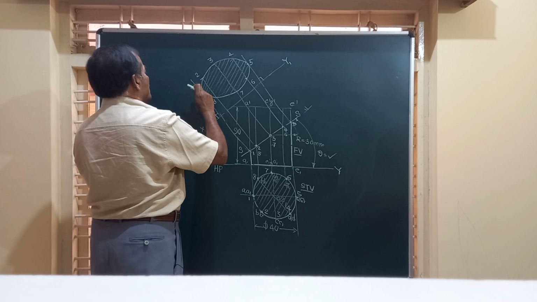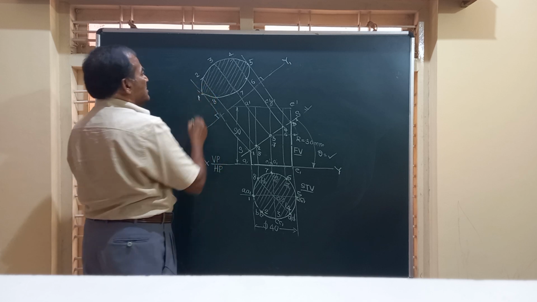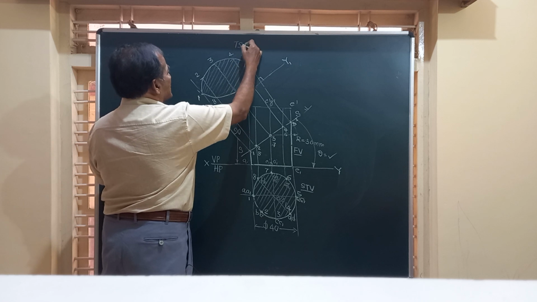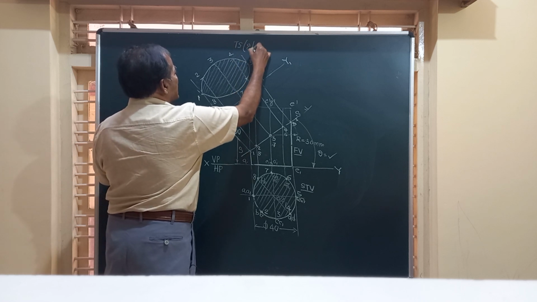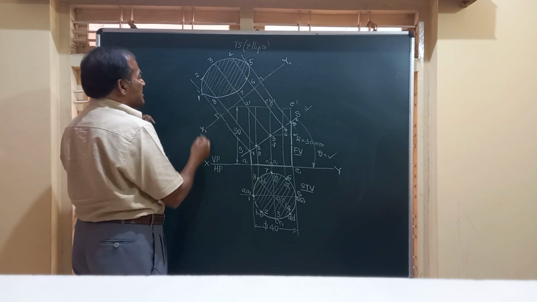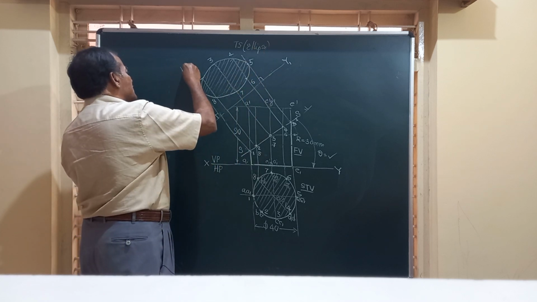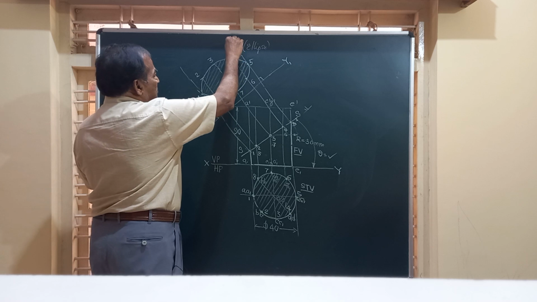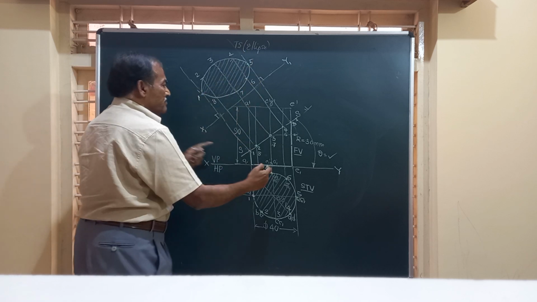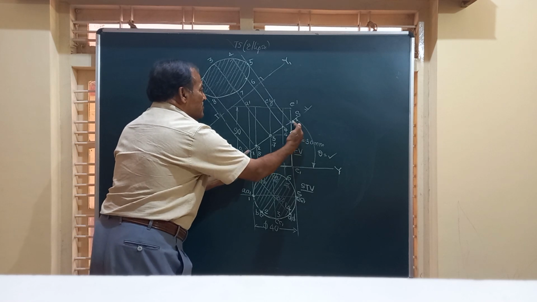Friends, if you just observe, this is the true shape of this section, and it is, you know very well, an ellipse with major diameter equal to this length, that is 1 to 5. This is the major dia. That major dia is the same as this 1 to 5.